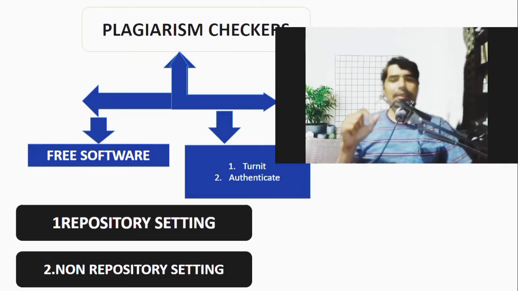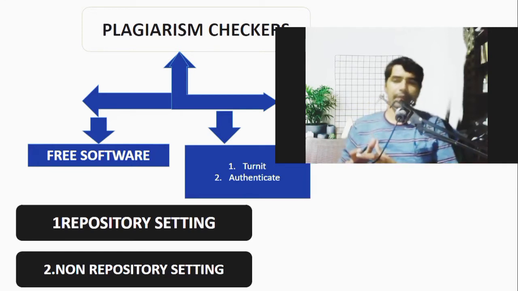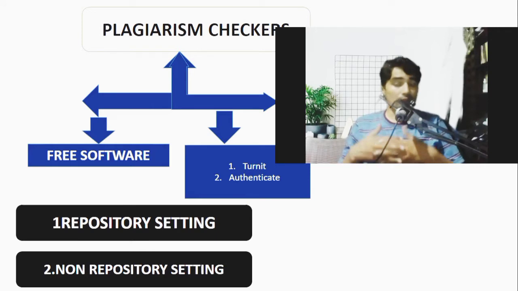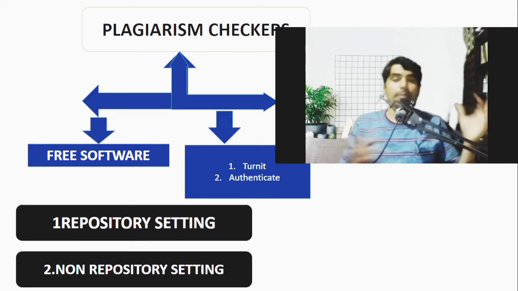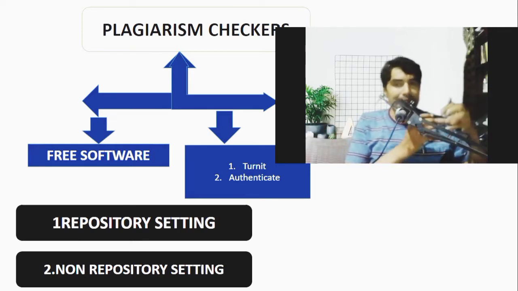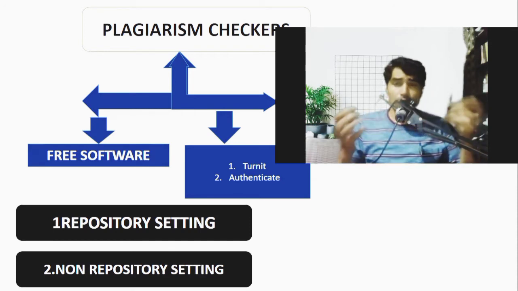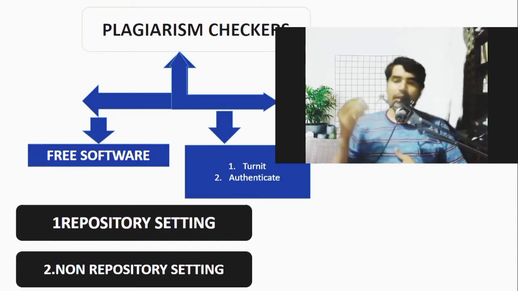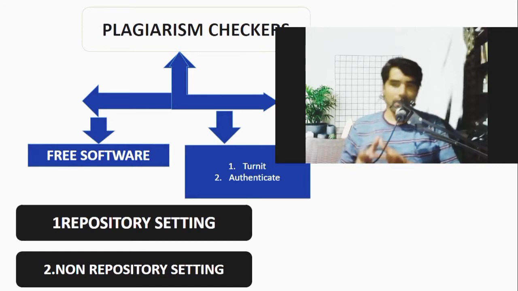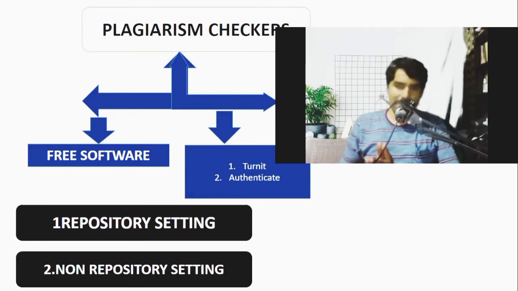The other thing is that there are many software available which are a problem for you, because there are many free software, but these free software are not going to give you a good result. Last time I wrote one article, and when I checked it with free plagiarism software, it showed me only 10% similarity index.